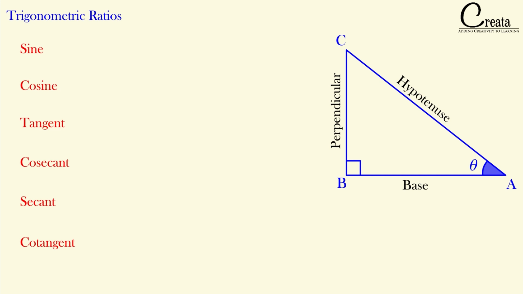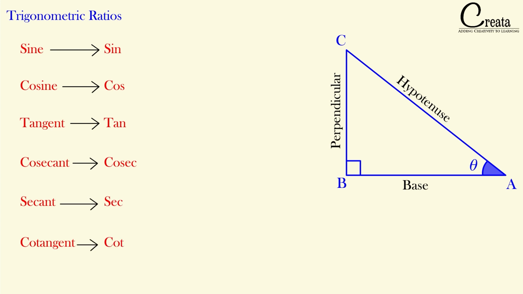In short, we write sine as sin, cosine as cos, tangent as tan, cosecant as cosec, secant as sec, and cotangent as cot. So you should remember all these 6 trigonometric ratios, the names sin, cos, tan, cosec, sec, and cot.